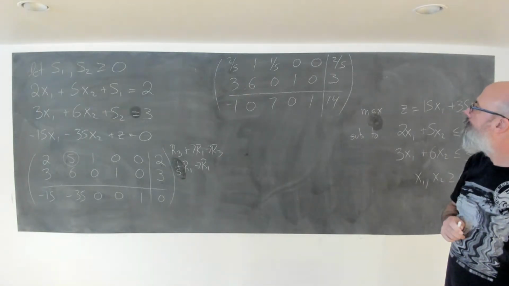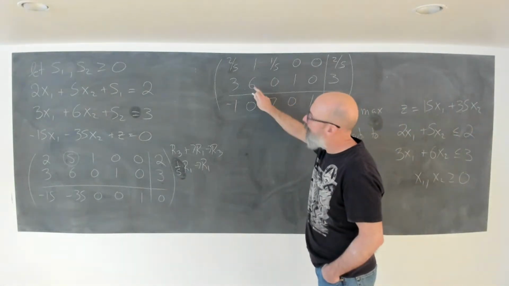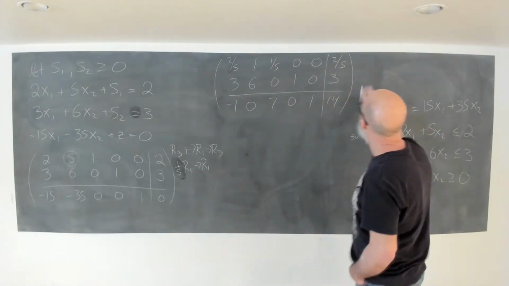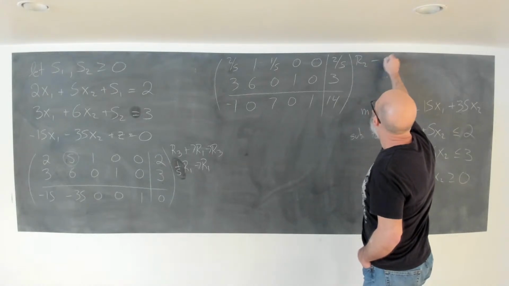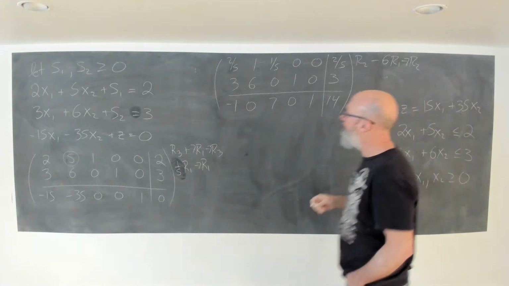Here we go. I want to use the 1 to get rid of the 6. Row 2 minus 6, row 1 for row 2.